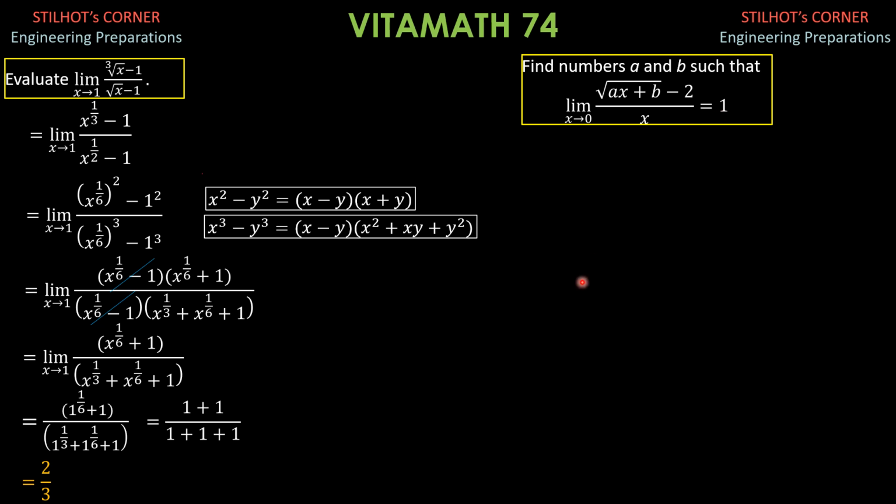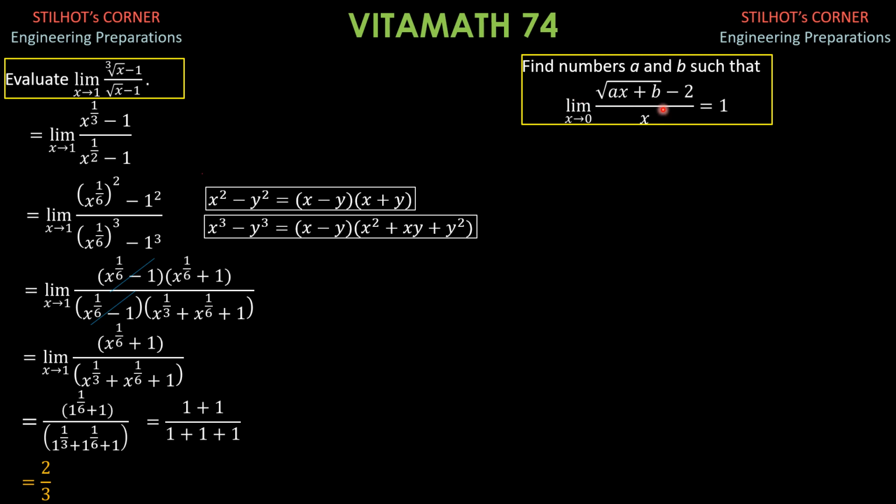So because it has radical there and we have a denominator which is x, normally in usual limit problems, x should be cancelled and the numerator should be free of any other terms except ax, so that x can be cancelled.